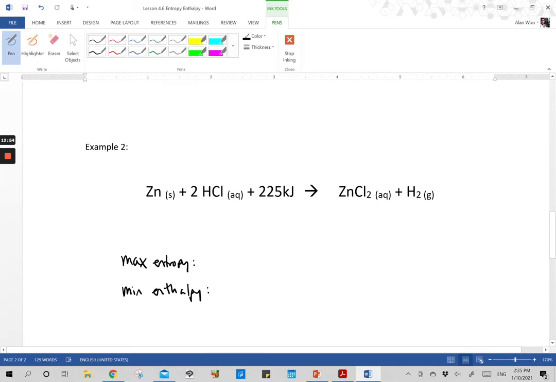So let's look at entropy. On this side here, we have 2 moles of aqueous, okay, because we don't count the solid.